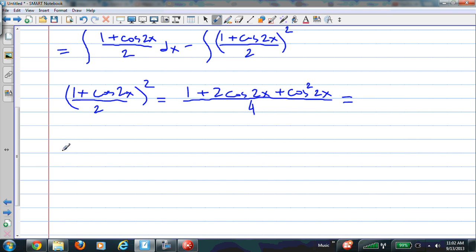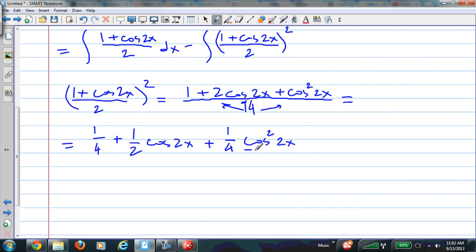In order to make it easier on the eye, I'll just divide everything by 4 in little terms, so 1/4 plus 1/2 cosine 2x plus 1/4 cosine squared of 2x.